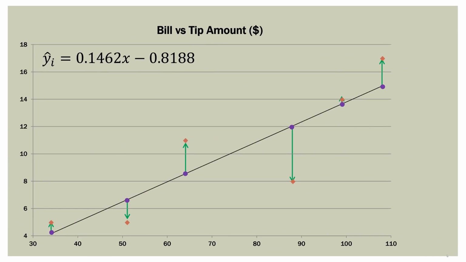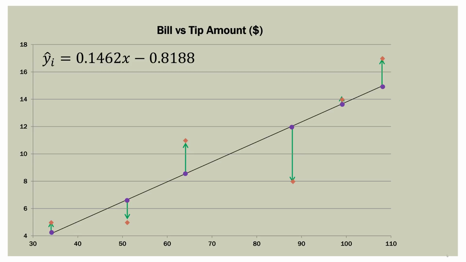So let's talk about our sum of squared error. Here we have our graph, a little bit different. Here we have our regression line, the black line. The purple values are what our regression equation predicts for that value. So you can see that in the third value up, we had a bill amount of $64 along the x-axis, and we had a tip of something like $11.